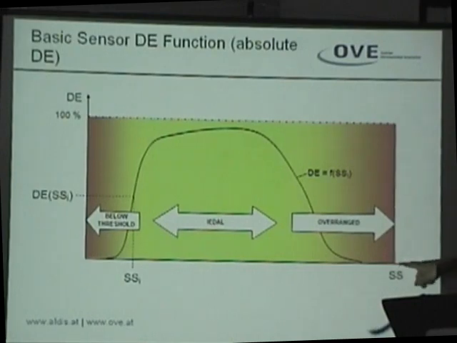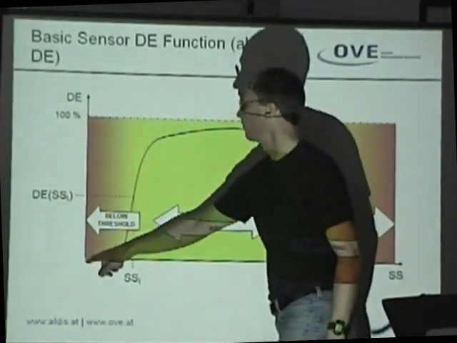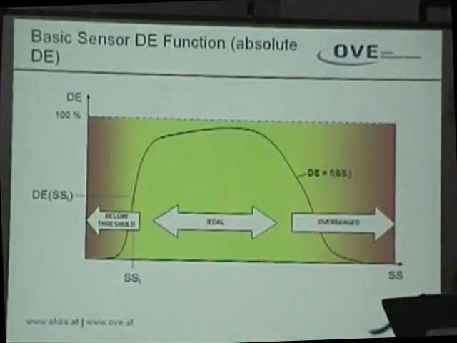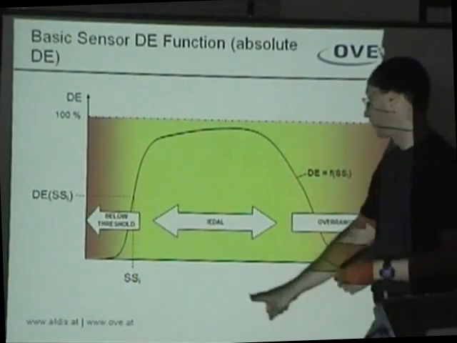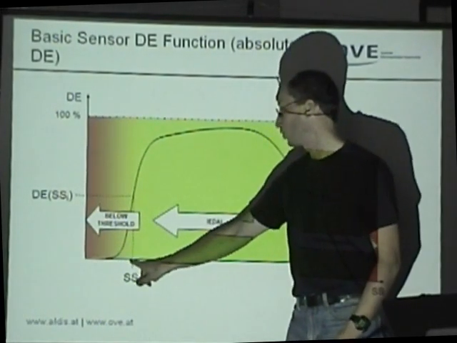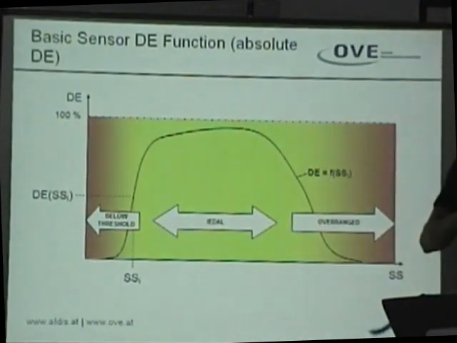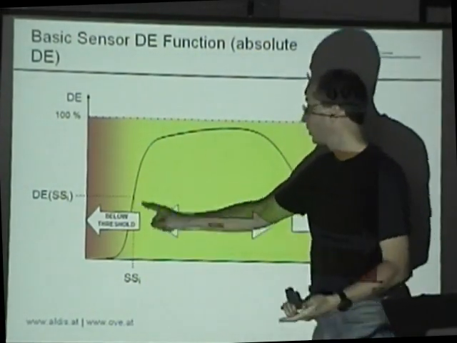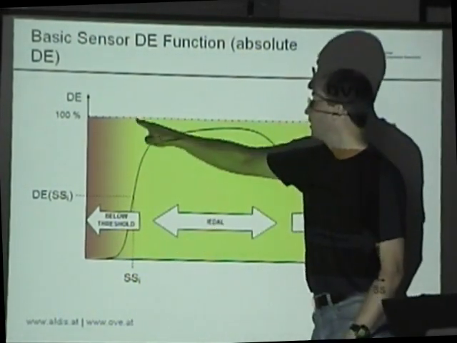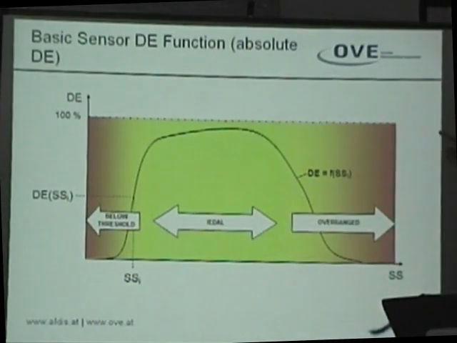You know, there is the signal strength, and this is the detection efficiency. It would be ideal, of course, assuming that this is the threshold, that the sensor detects everything above the threshold of the sensor. So the detection efficiency function should go up here to 100% and remain here.